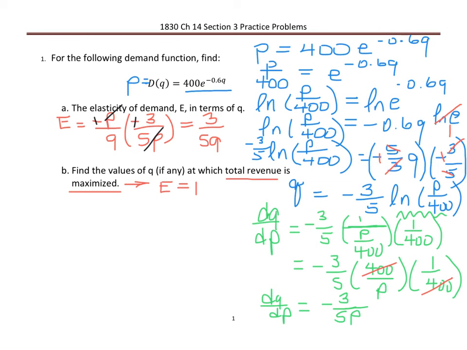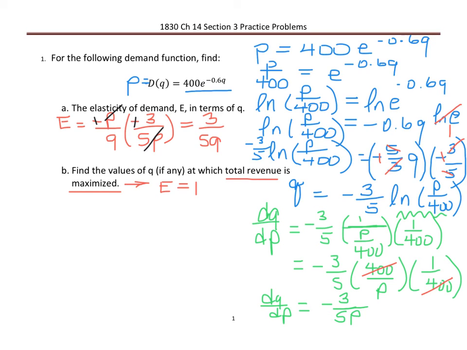And then your elasticity is the rate of change in your revenue. So when E is greater than 1, then your demand is inelastic. I'm sorry, your demand is increasing. I'm using the wrong word. And when E is less than 1, your revenue is decreasing. And when E is equal to 1, your revenue is actually maximized.